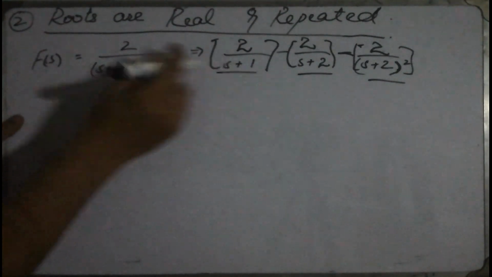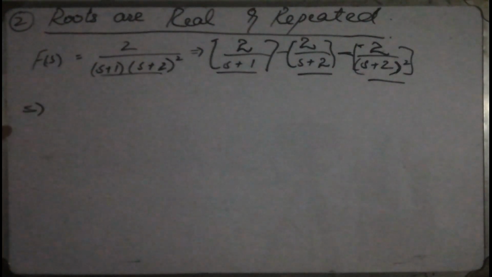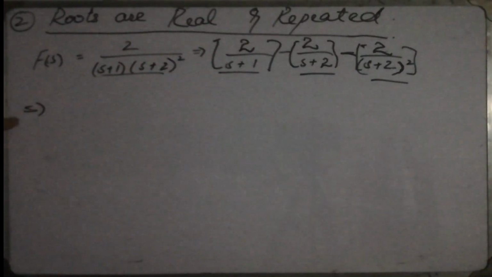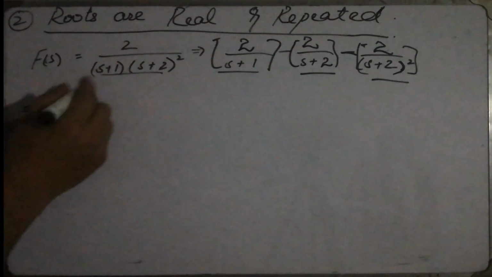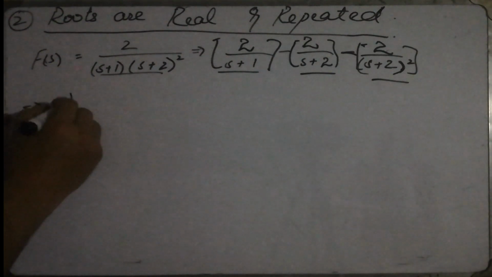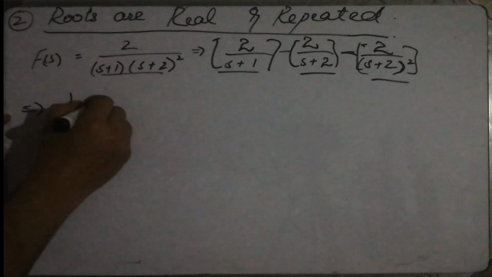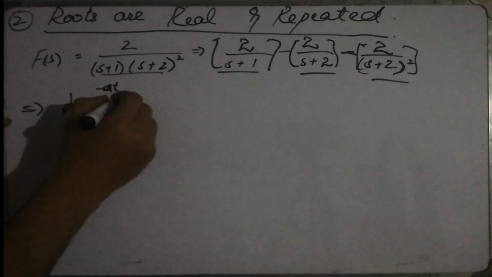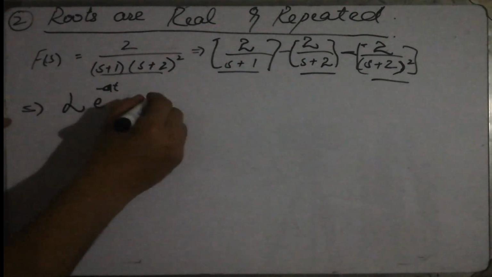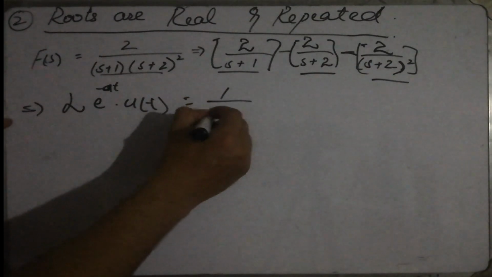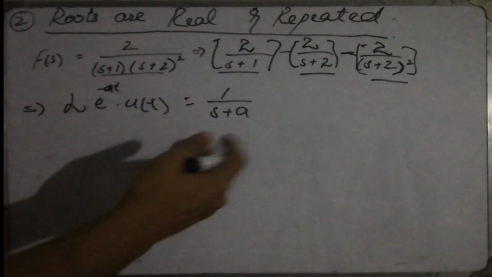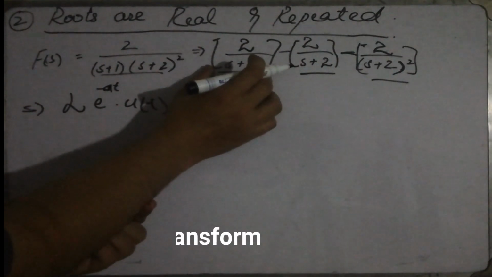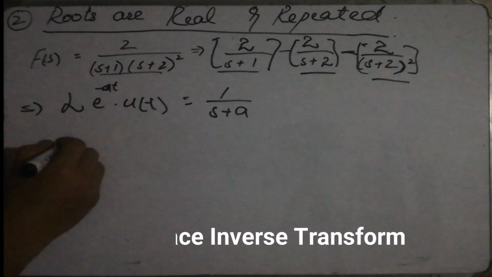Now for the first one, if we look at table number 2.1, you would see that it resembles the Laplace transformation of e to the power negative at times the unit step function, which is 1 divided by s plus a, where in this case a is equal to 1 again.